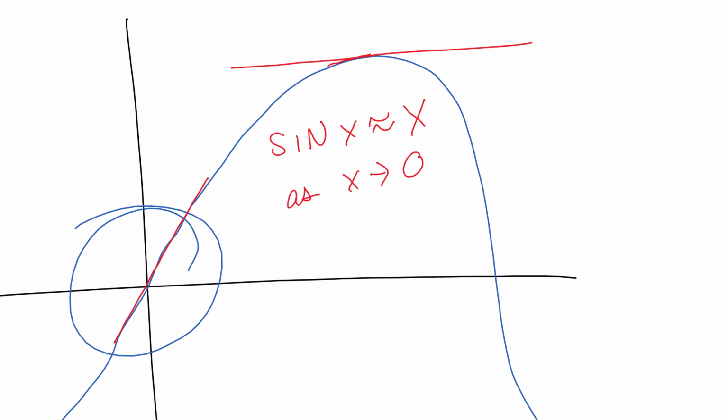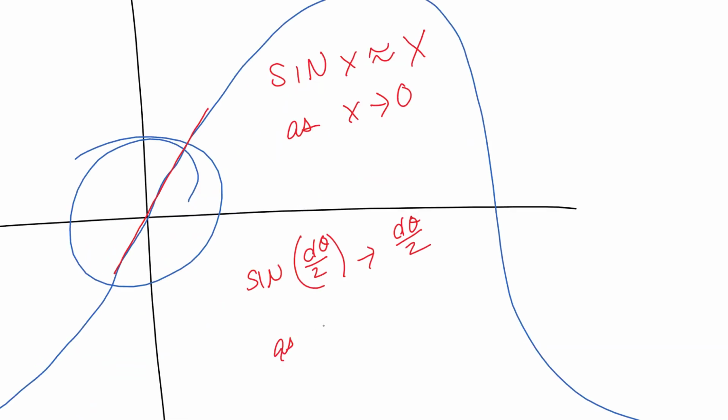Obviously when it's 0, it is 0, which also meets our criteria. So what we are going to say is that the sine of d theta over 2 approaches d theta over 2 as d theta over 2 approaches 0.